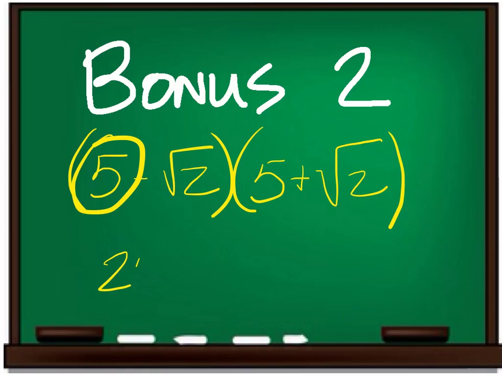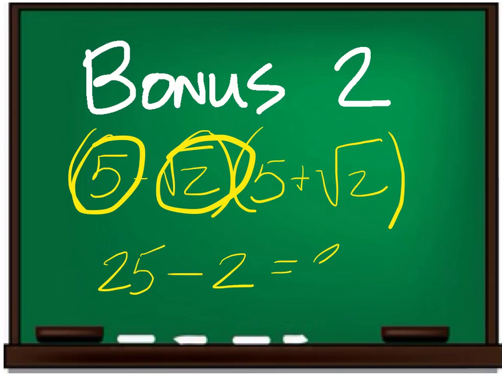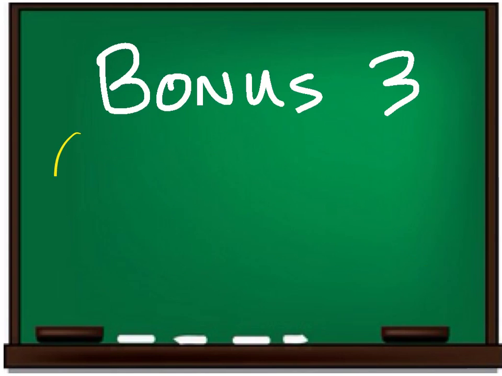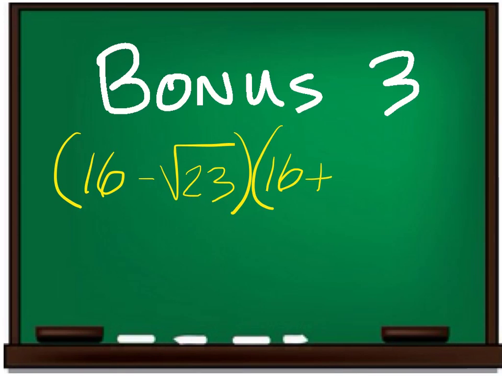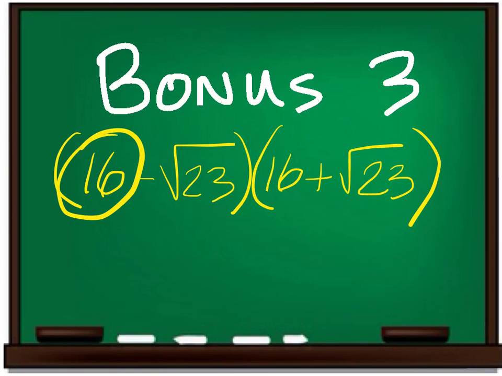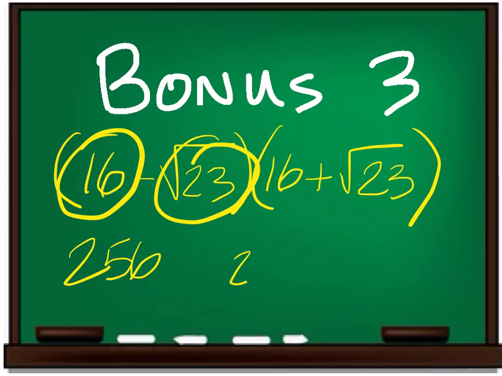Square this to get 25. And then square this to get 2. Answer is 23. Square this to get 256 and square this to get 23.